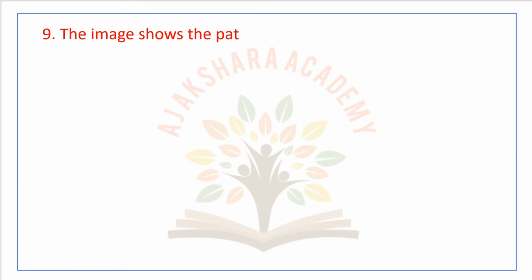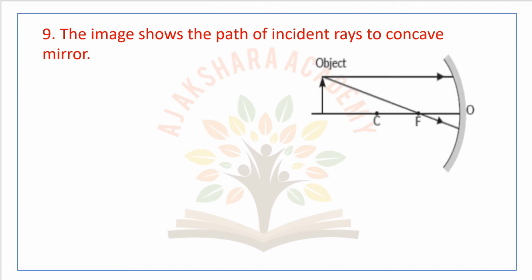The image shows the path of incident rays to a concave mirror. See this object. Here we are placing the object beyond C. One is a ray which is parallel to the principal axis and the other ray is passing through the focus.